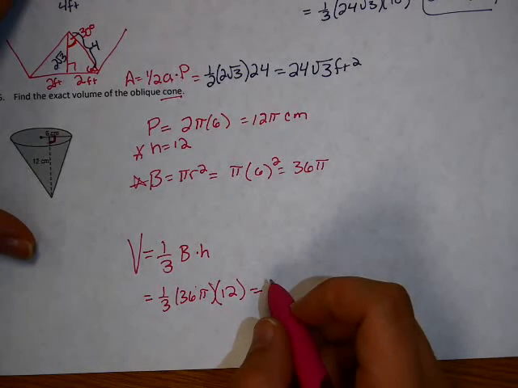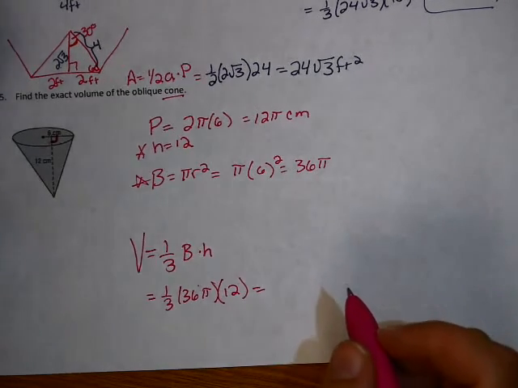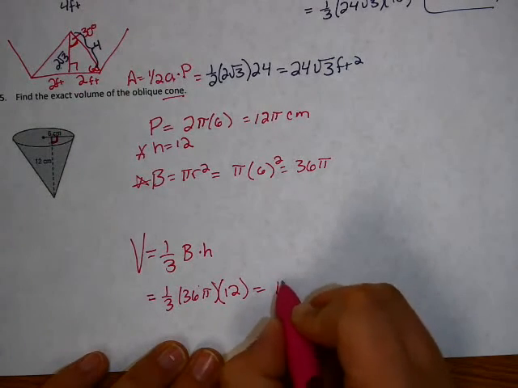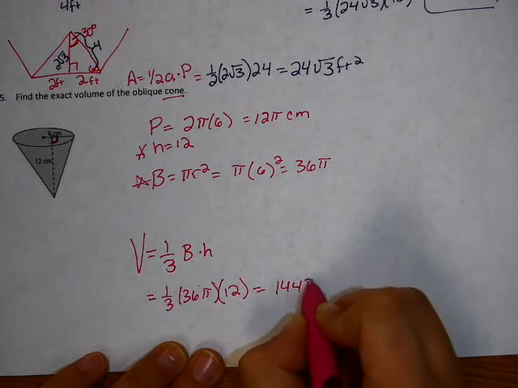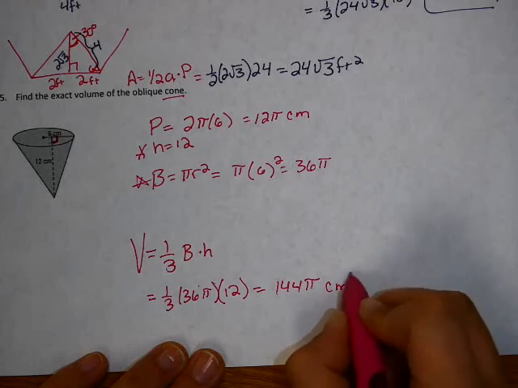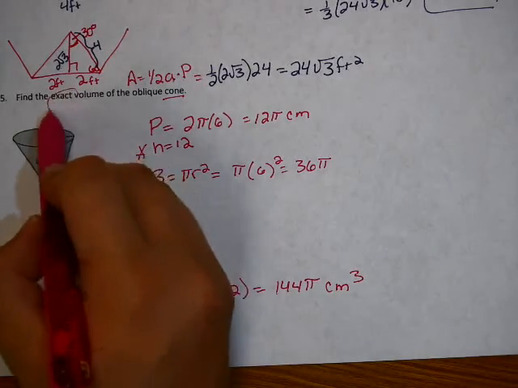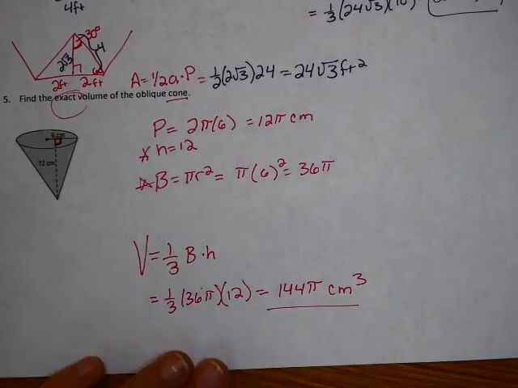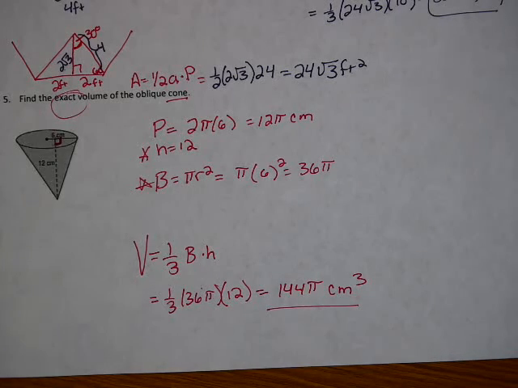All right, so 1/3 times 36 times 12 gives us 144 pi centimeters cubed. Right, and again, keyword is exact, so your answer must be in terms of pi.